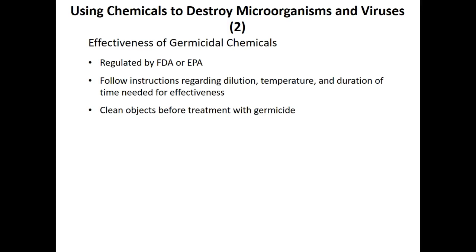All of these things can influence the overall control that's achieved if it's too dilute or too concentrated, if the temperature utilized may not be correct, and if the duration of time is not applied adequately as well. You should definitely try and clean objects. If you're going to use a germicidal agent on them, you want to make sure they're free of any dirt, debris, or oil before placing that germicidal agent on them.